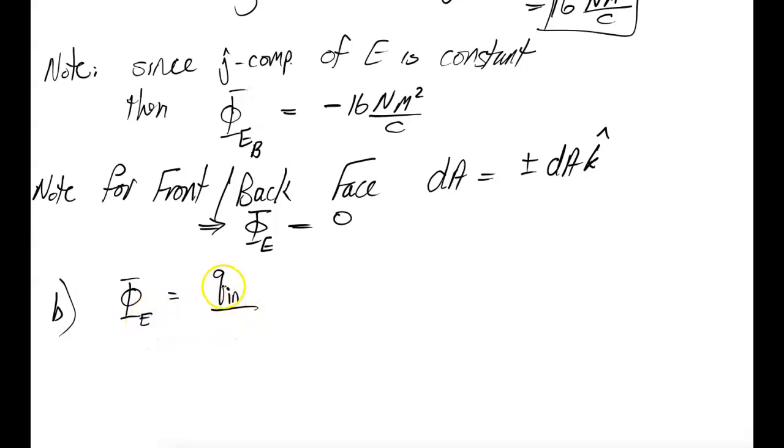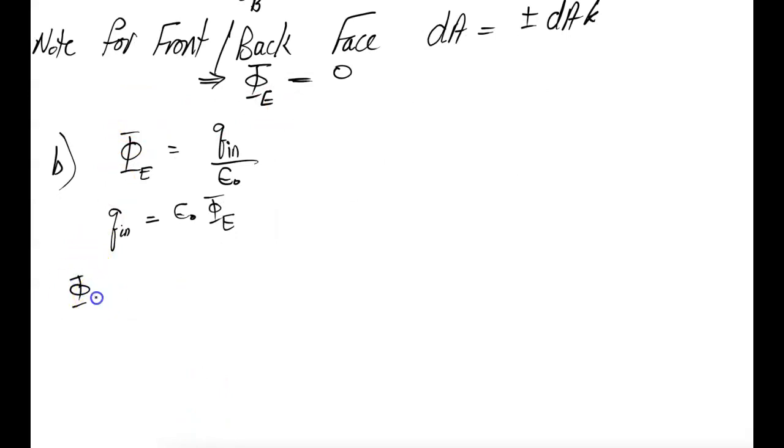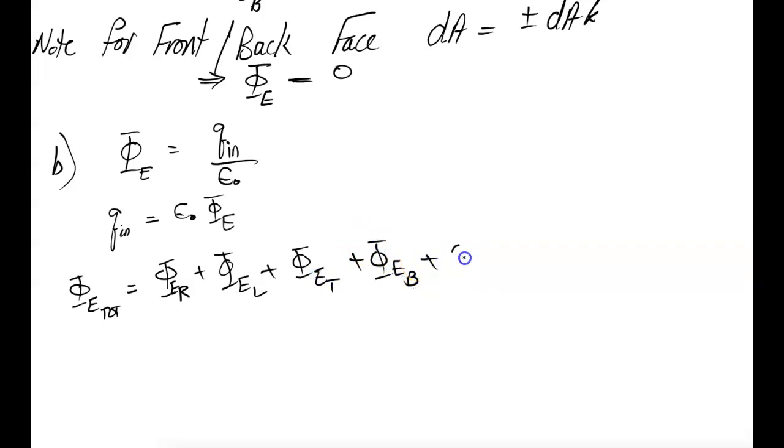And it says that the flux is the charge enclosed in the Gaussian surface over epsilon naught, which means that the charge enclosed is epsilon naught times the flux, and the flux total is going to equal flux right plus flux left plus flux top plus the flux on the bottom plus the flux to the front and the flux to the back.